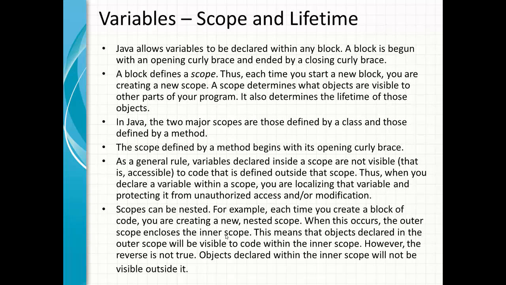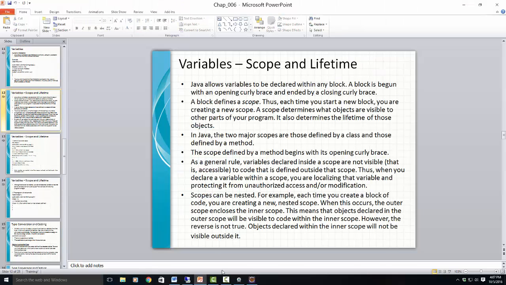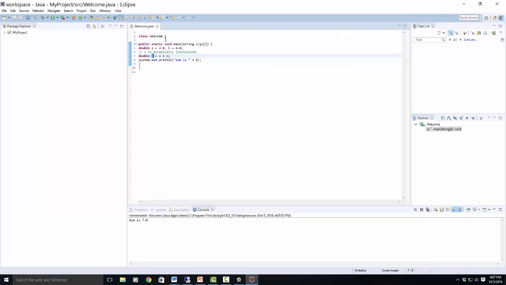Remember that all Java programs start with curly braces and end with curly braces. In our program so far, let us go back. This is one block, basically class welcome, and then this is our first method, and this is the opening of the second curly braces.